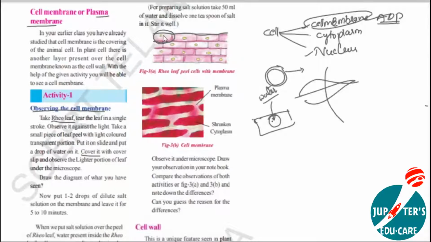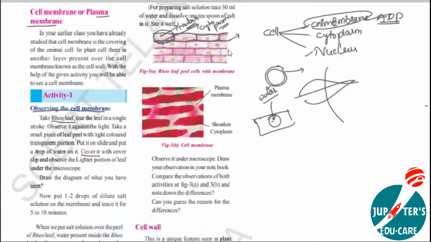The yellow spot inside the cell is the nucleus, and the area in pink color is the cytoplasm. The layer around these cells is the cell membrane, which is in dark color. You can observe it clearly.